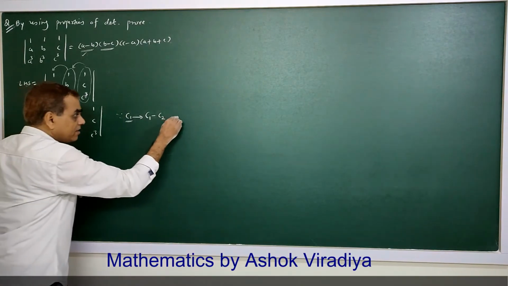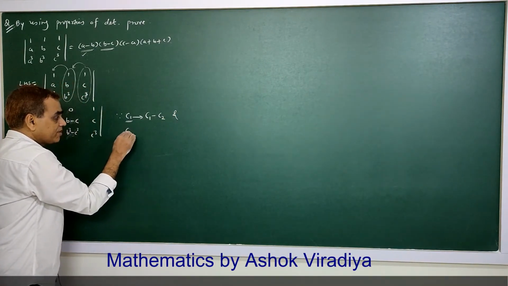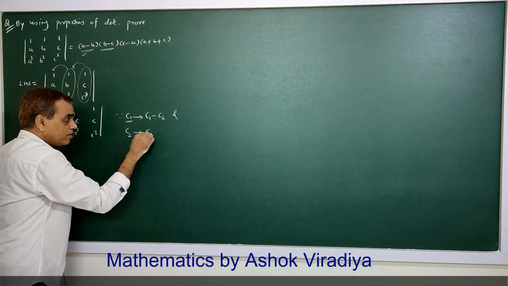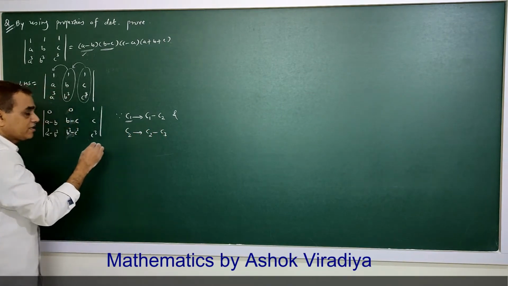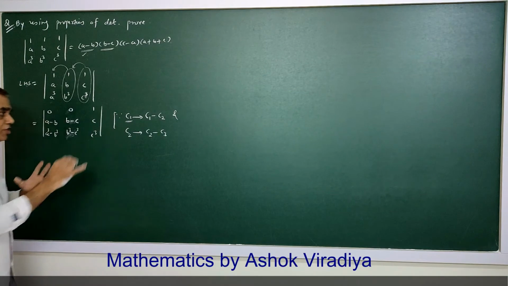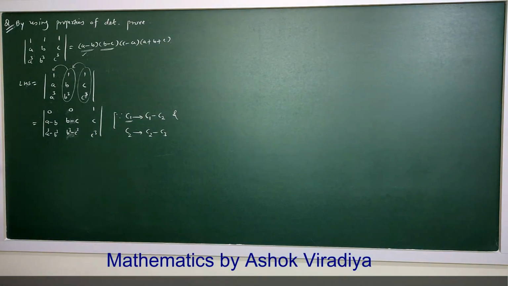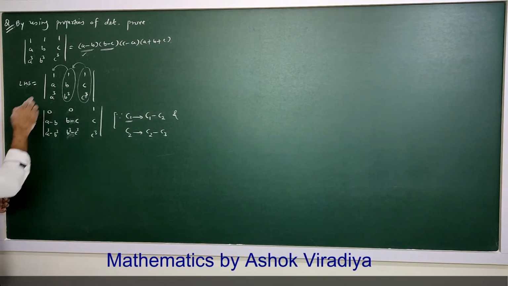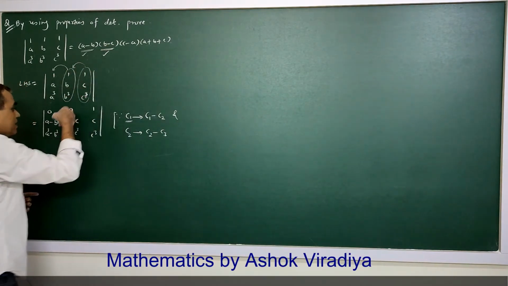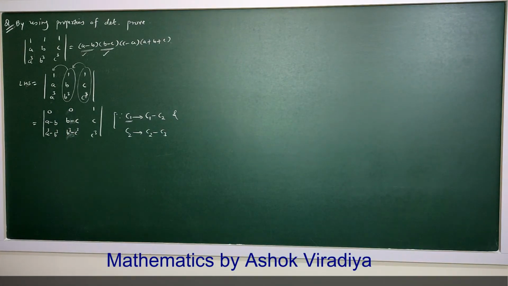In the same step, two operations at a time. In the second column, the third column is subtracted. Performing these two operations at a time, we are allowed. We can do this. So here B minus C will be common in the second column.